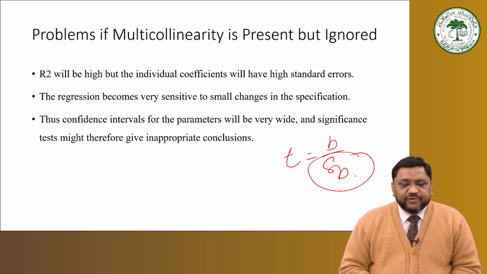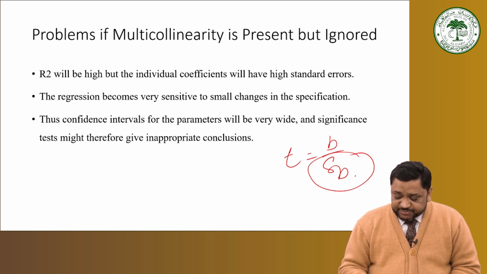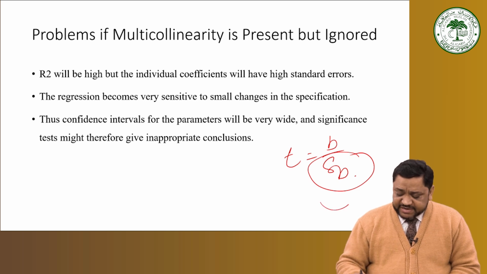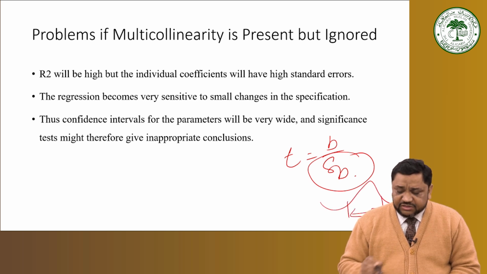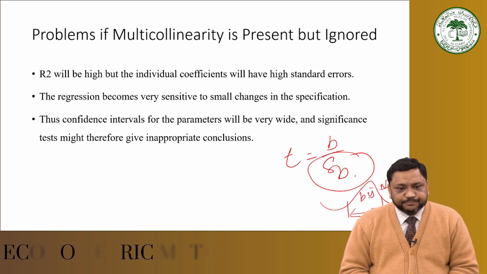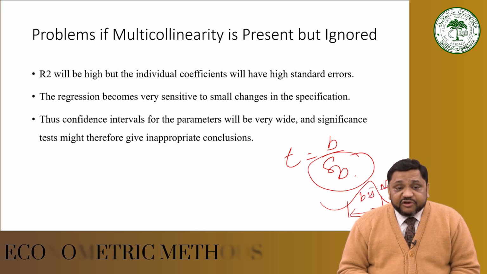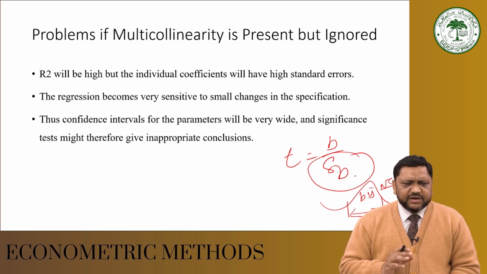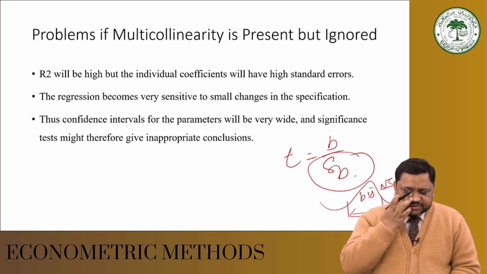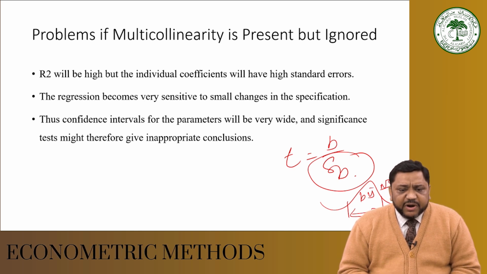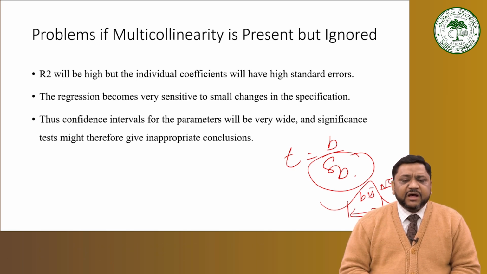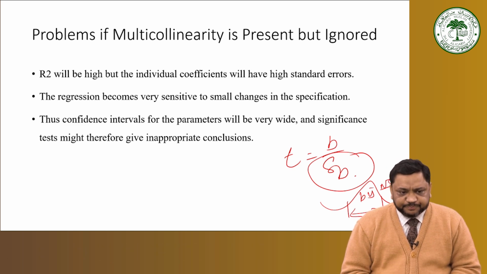So ultimately, our t stat becomes very small. When our t stat becomes very small, it will fall in this region, and in this region beta is not significant. So in case of multicollinearity, we find that our R square is significant and quite large, but the individual coefficients, the individual parameters, are not significant.